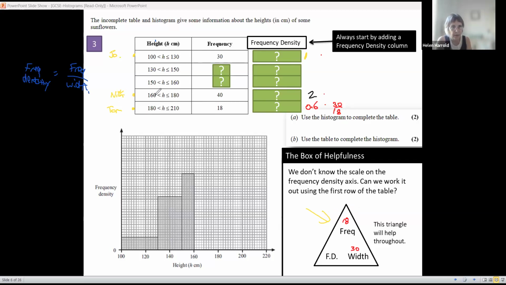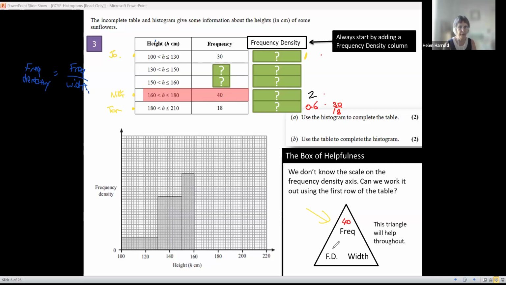So say for this one here, which Nick did, you've got to put it into this thing here. And what's the frequency? The frequency is in the frequency column, and that's 40. So you just got 40.